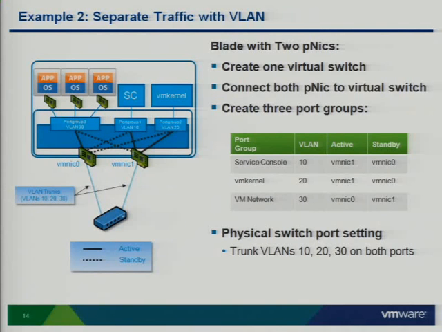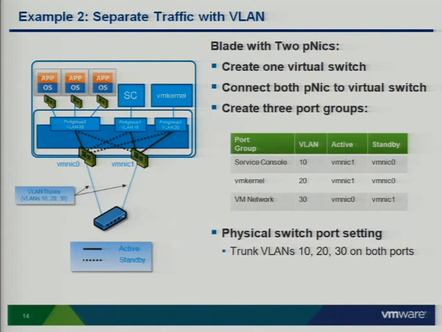And so what you do is you trunk all 3 VLANs to the physical NIC. Okay? So that's a setup that you have to do beforehand. Once you have all the VLANs trunked to the physical adapter, then you create a single vSwitch, okay? And then you create a port group for each of the VLANs available to you.